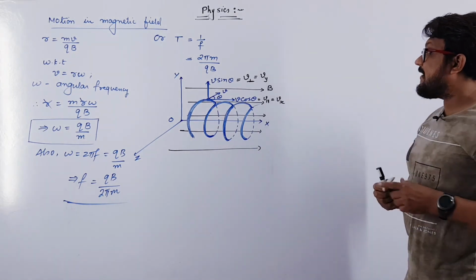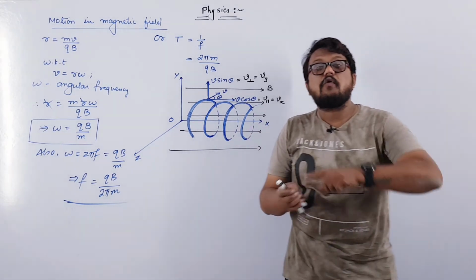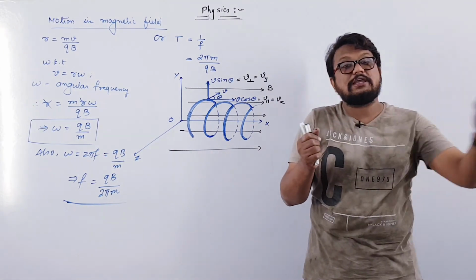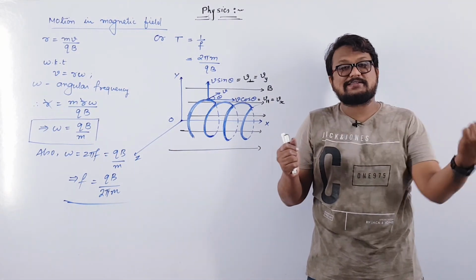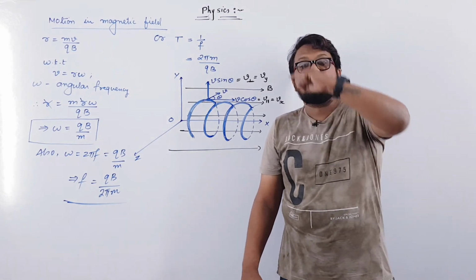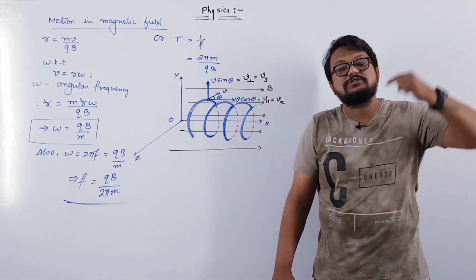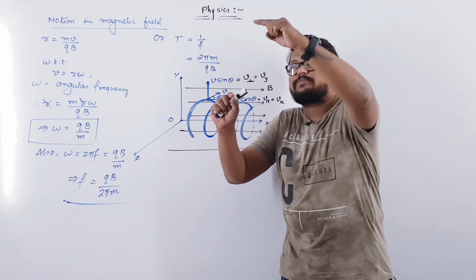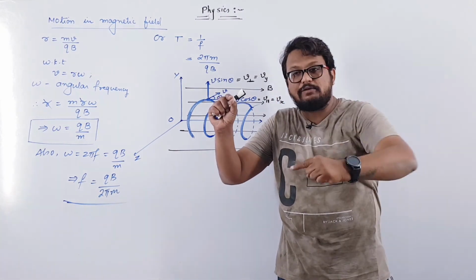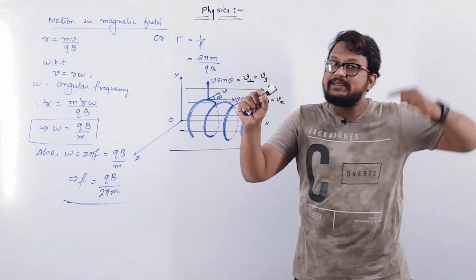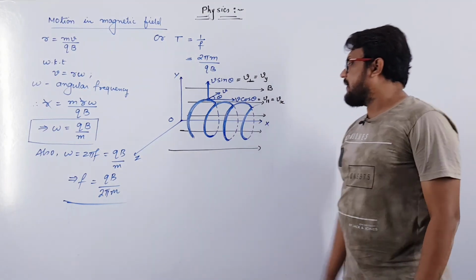Now we will get a clear idea that this charged particle will perform circular motion, as well as it will keep on moving towards the positive x direction, that is in the direction of the magnetic field. So its motion will be a helical motion, just like a spring, right? Starting from this point, it will complete a circle and again it will move like this. So its motion will be a helical motion towards the magnetic field.